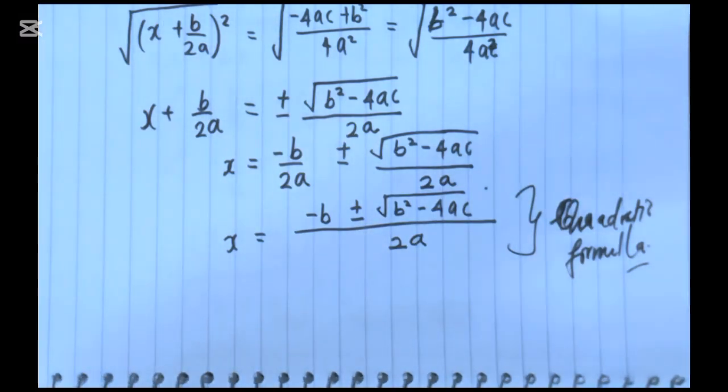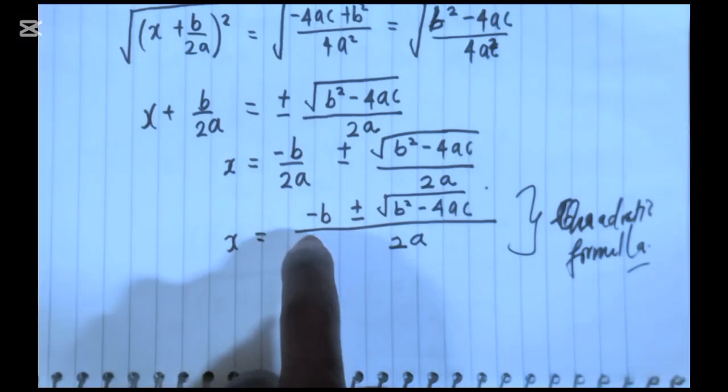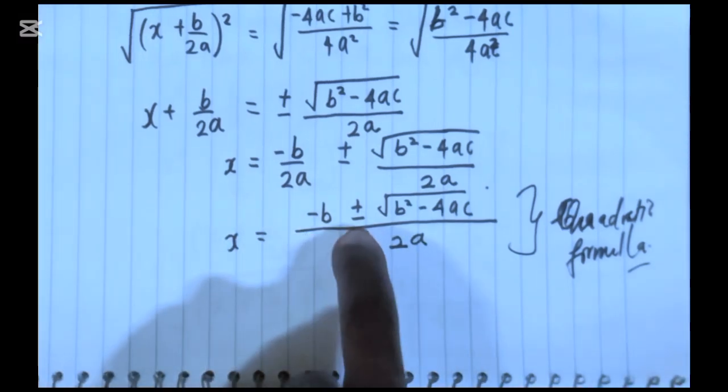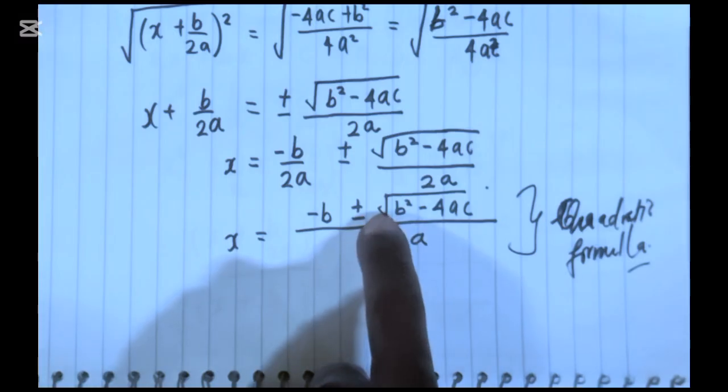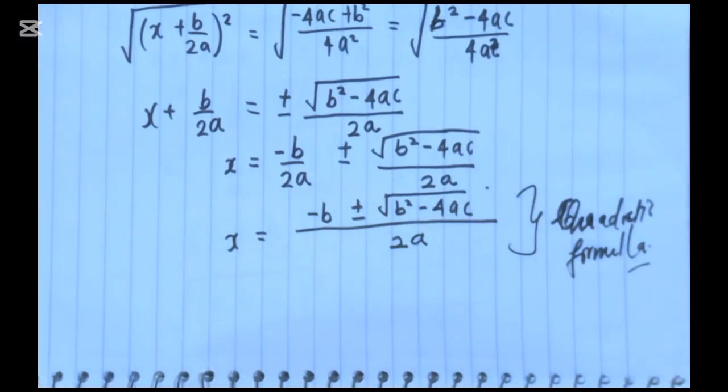If you've understood what has been done, you can try and redo it for yourself. But the most important takeaway is how the quadratic formula looks, that it is x equal to negative b plus or minus the discriminant, which is the square root of b squared minus 4ac, all over 2a. So that is the takeaway.